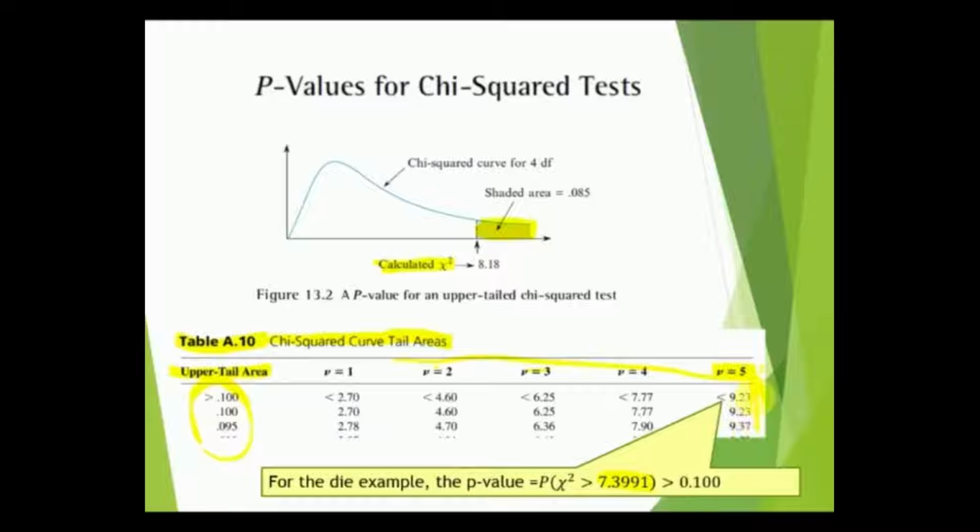Smaller than 9.23. And that's associated with an upper tail area of larger than 0.1, which means your p-value is larger than 0.1. You will not reject the null hypothesis even on a 10% level of significance. So keep in mind that you can use this table to get the p-value more accurately.